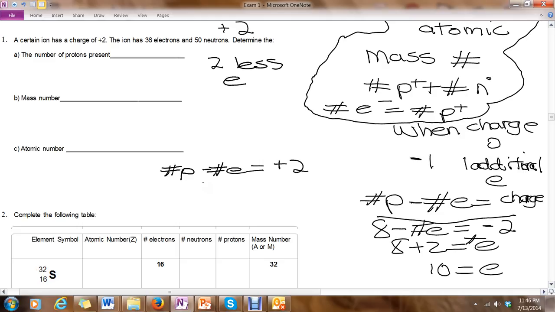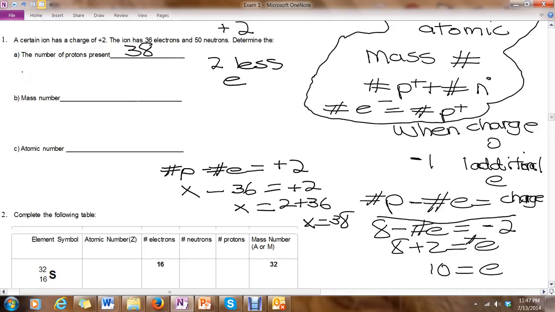So you have 36 electrons. How many protons? You don't know. This is your unknown. Minus 36 electrons equals +2. So if you add 36 on both sides, it would be 2 plus 36. How many protons are you going to have? 38. So you're going to have 2 fewer electrons than protons. Number of protons is 38.